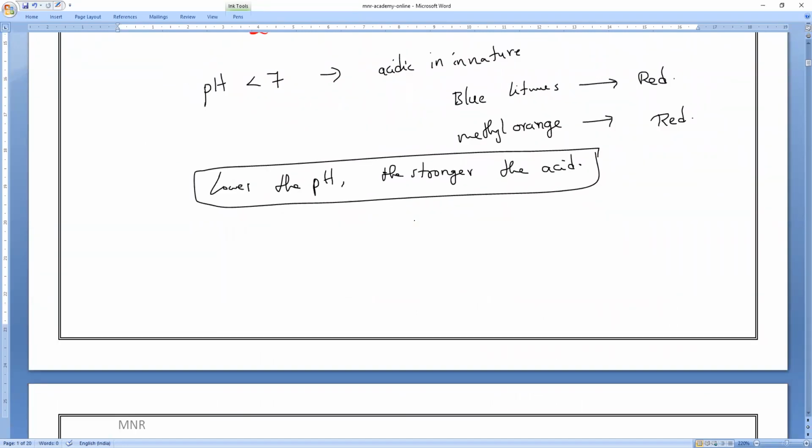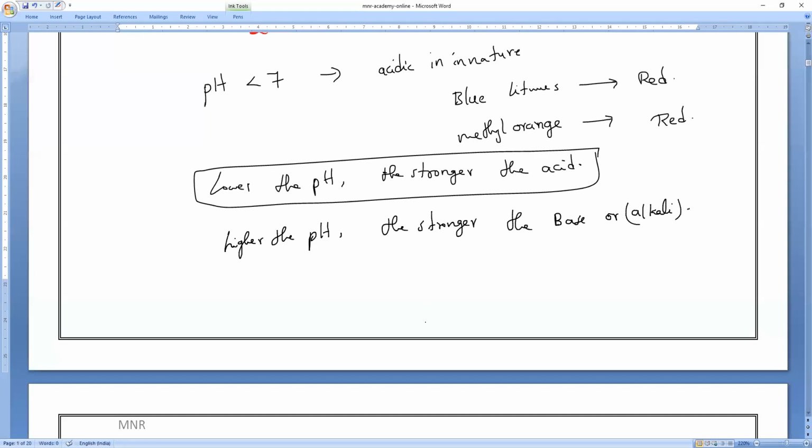Same way for bases. For acids, the lower the pH, the stronger the acid. For bases, the higher the pH, the stronger the base, or alkali, your choice.